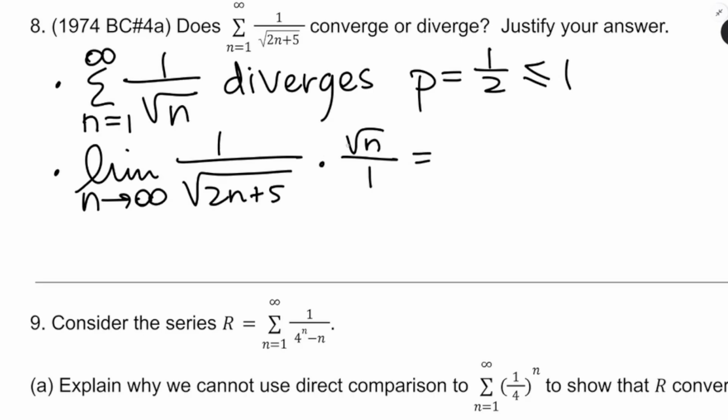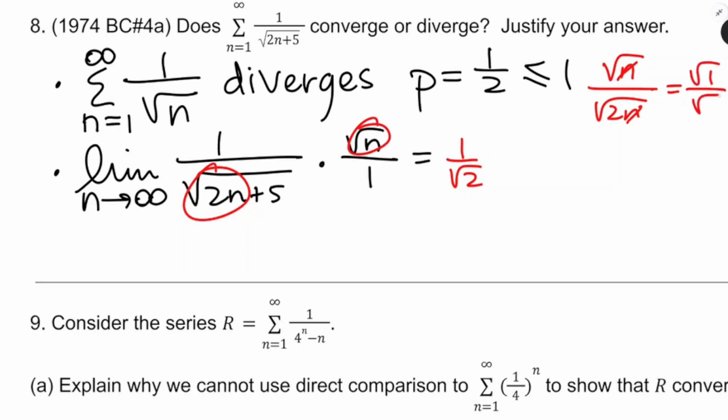Really, I take the fastest growing thing in the numerator and the denominator. I do the AP pre-calc thing. That's the square root of a half, or 1 over the square root of 2, or root 2 over 2, whatever you want to call it. It's got to be some correct number. I think I would call that 1 over the square root of 2. You could say that's the sine of pi over 4.